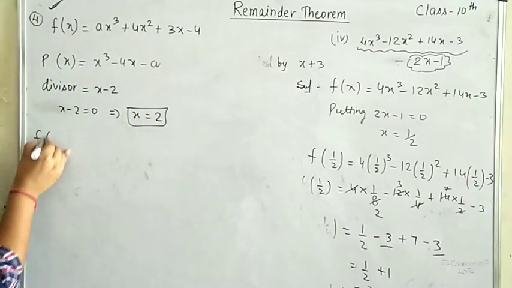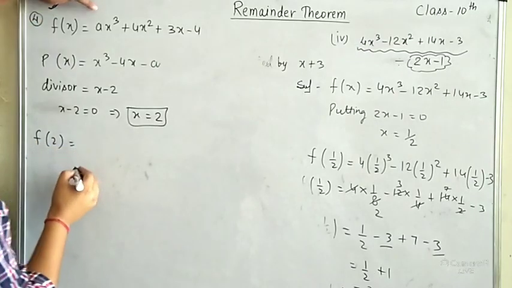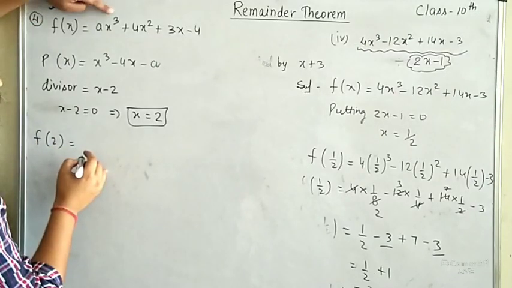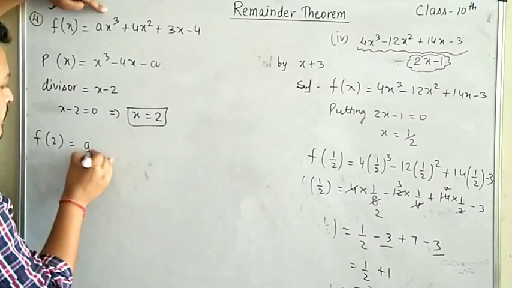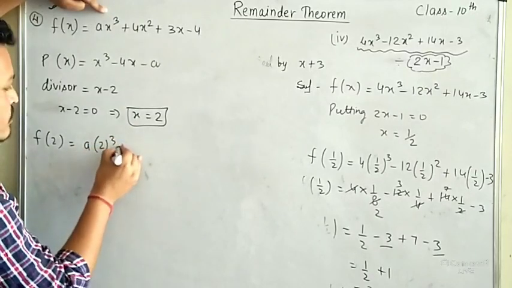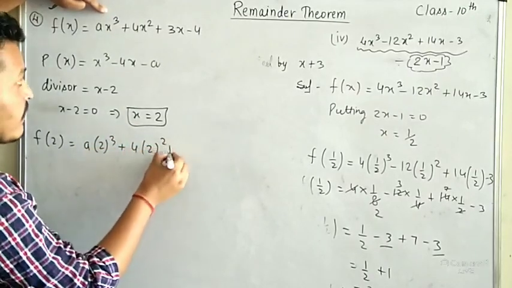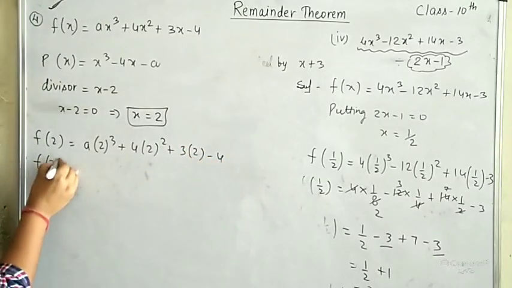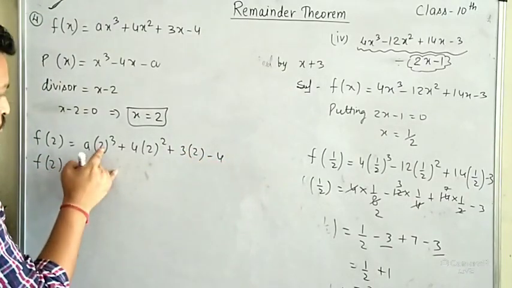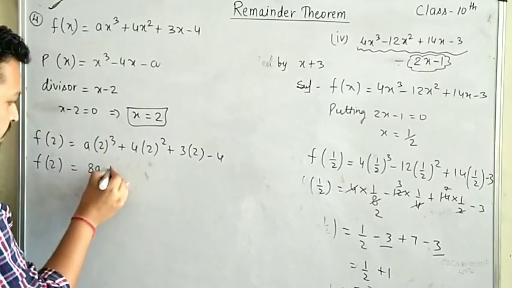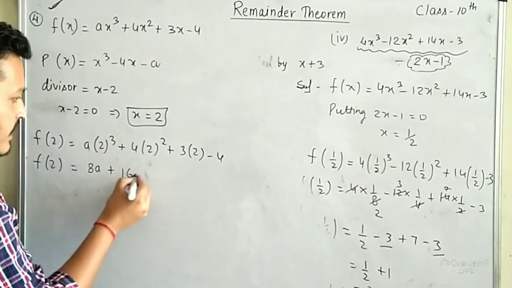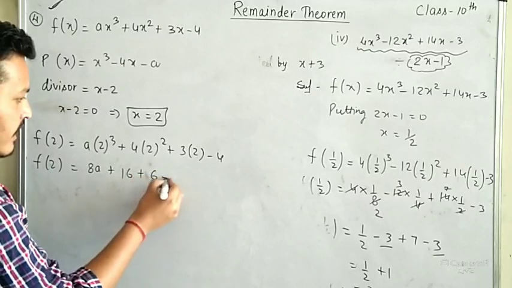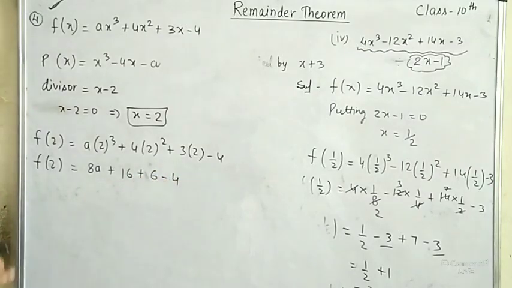So on the first time f2 is equal to a times 2 cube plus 4 times 2 square plus 3 into 2 minus 4. So f2 is equal to 2 cubed is 8a, plus 2 squared is 4, 4 times 4 is 16, and plus 3 times 2 is 6 and minus 4.